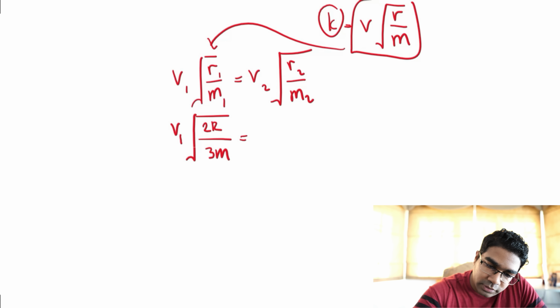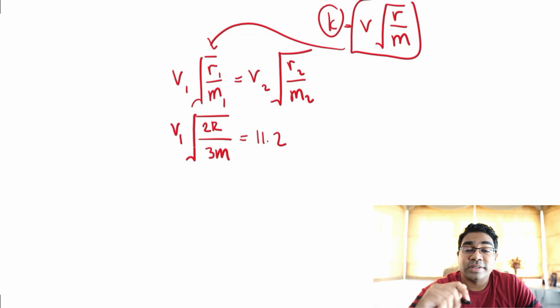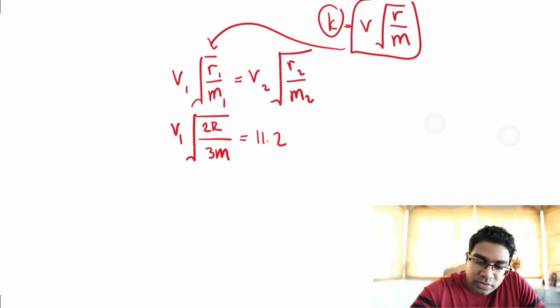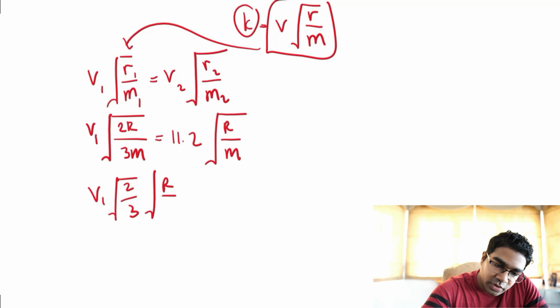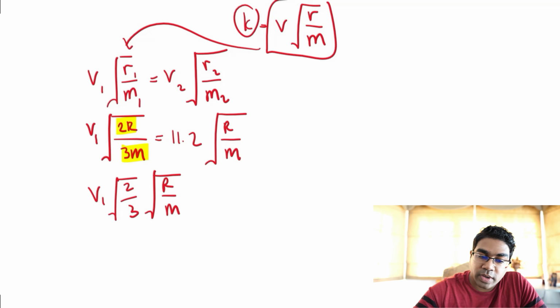So this is equals to 2 is Earth. So escape velocity of Earth is 11.2. Remember, this is in kilometers per hour, but it doesn't matter because we are using relations. Square root of R over M. This will be equals to V1 square root 2 over 3 square root R over M. What we are doing is we are separating this multiple inside the square root.